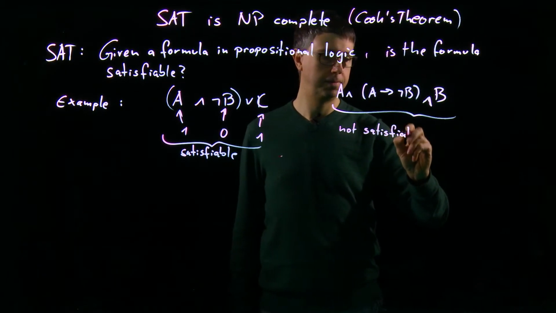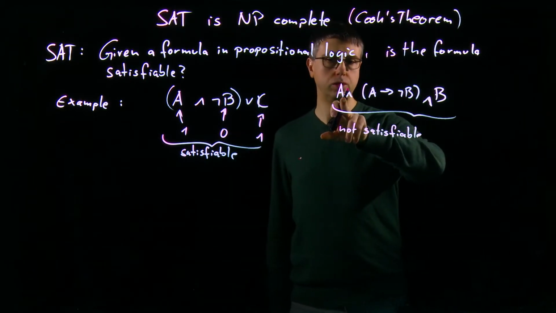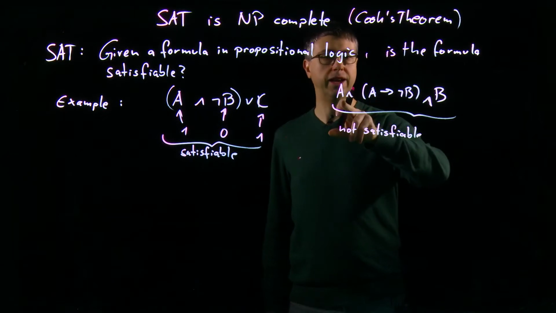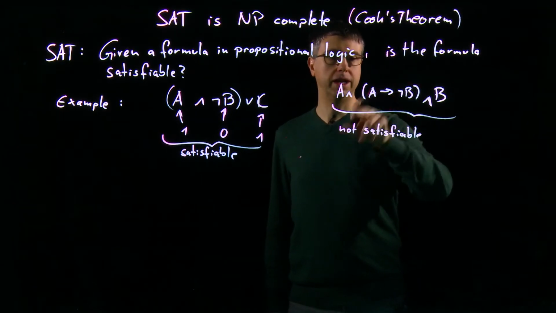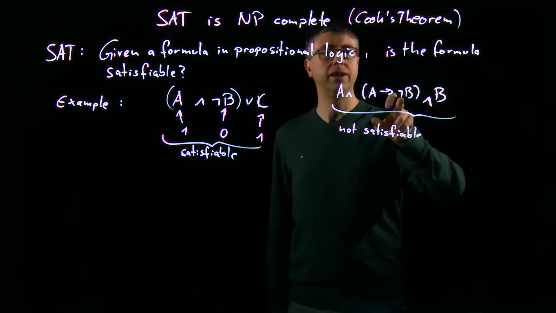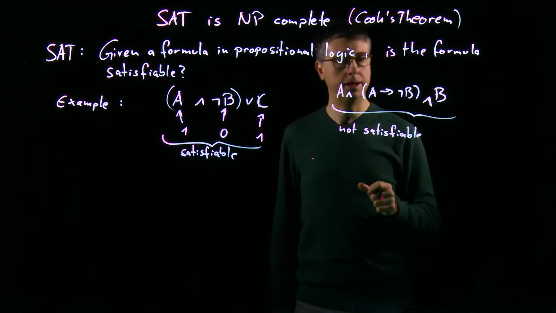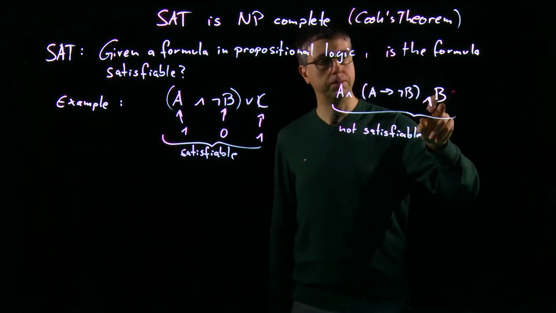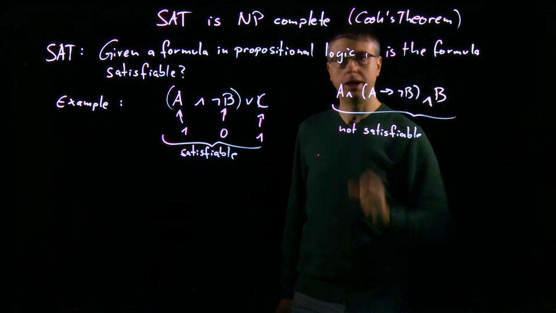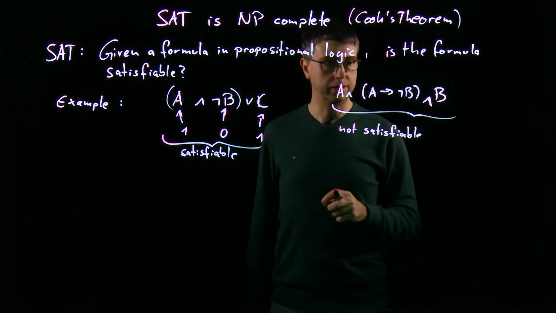Why? Because we have to make A true, so this needs to be 1. If A is 1, then we have this implication here: if A is true, then not B must be true, so B must be false. But this last conjunct B requires B to be true, so we have a problem here. This formula is not satisfiable.